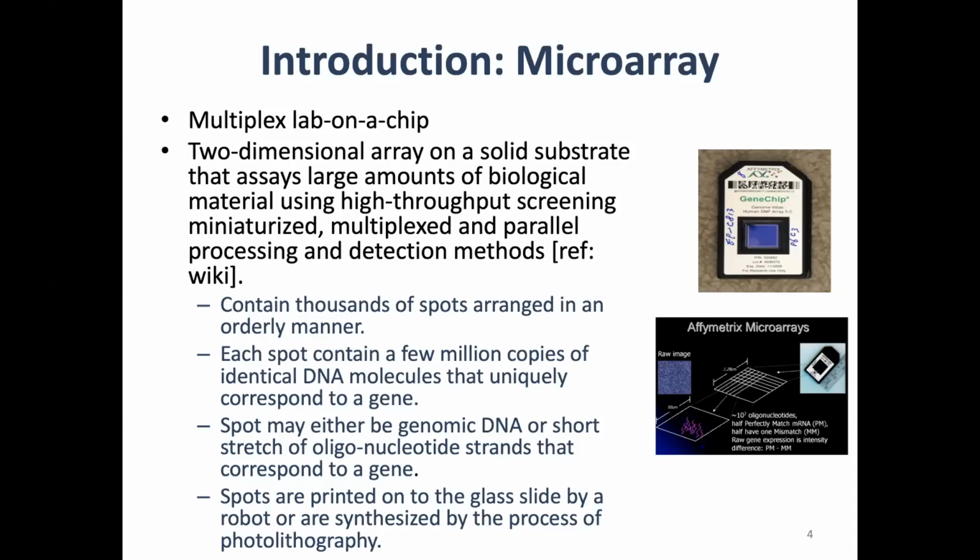Photo meaning light, litho meaning stone, graph meaning sketch. So photolithography is a way that uses light to print the material based on a template on a silicon wafer, and it is a very expensive but very accurate method. Most of the chips these days are fabricated based on the photolithography method.